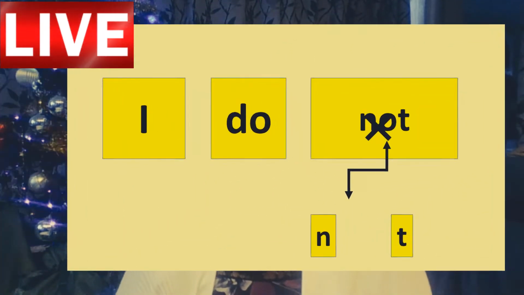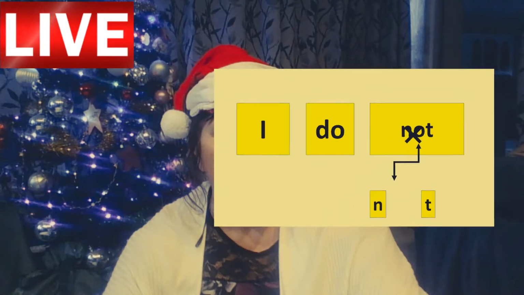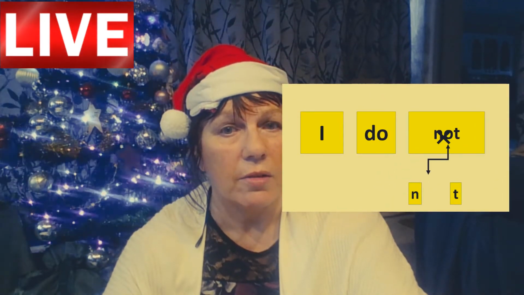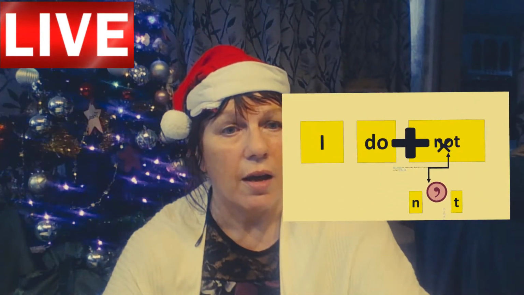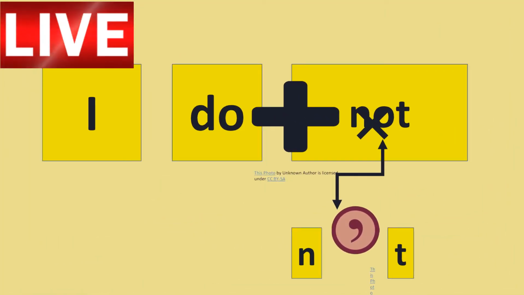Yes. Take away the O, and now you're left with I do NT. So you need an apostrophe between the N and the T, that purple mark, apostrophe.